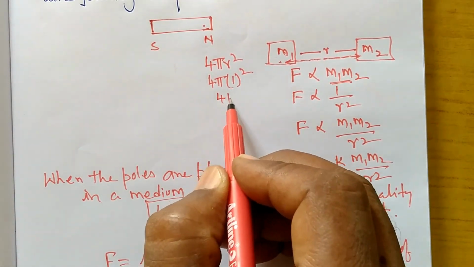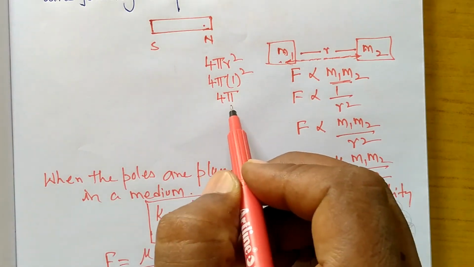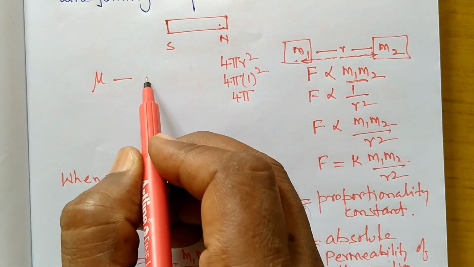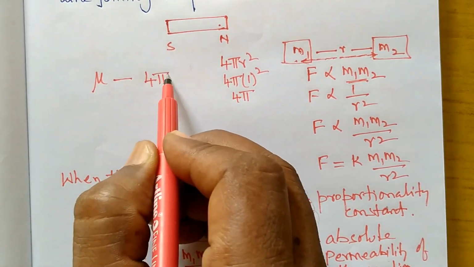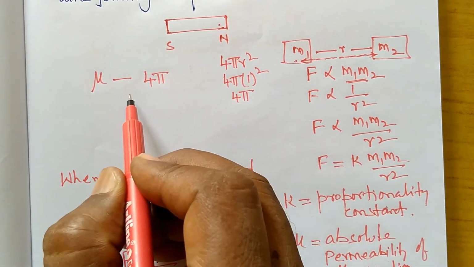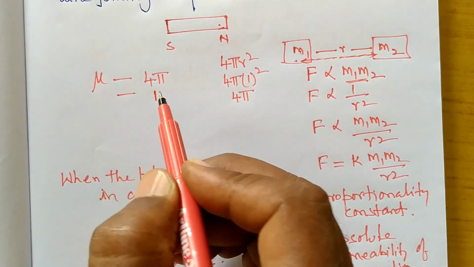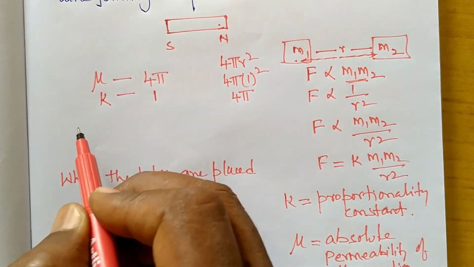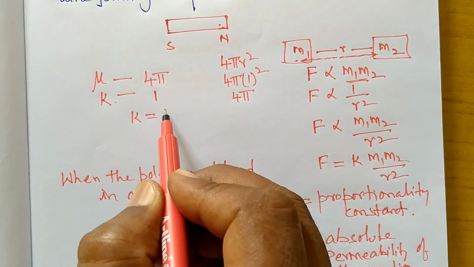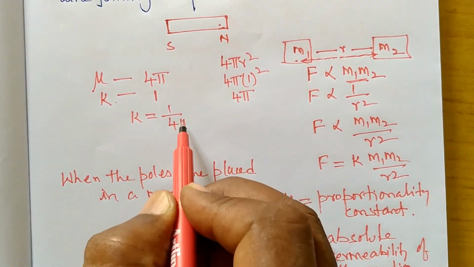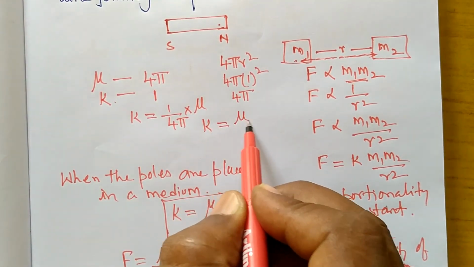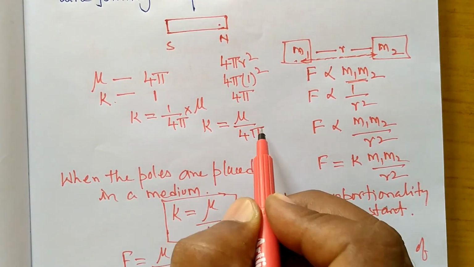The surface area for a unit radius sphere will be 4 pi. Now if mu is the permeability of unit radius surface area, then for 1 unit surface area, K is the permeability. Therefore the value of K is equal to 1 by 4 pi into mu. This is how we get the value of K is equal to mu by 4 pi.